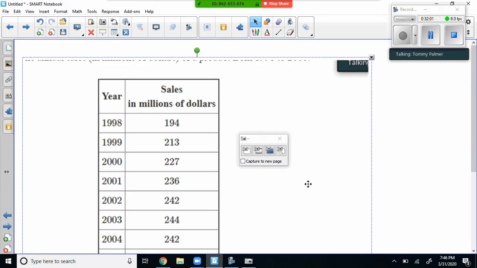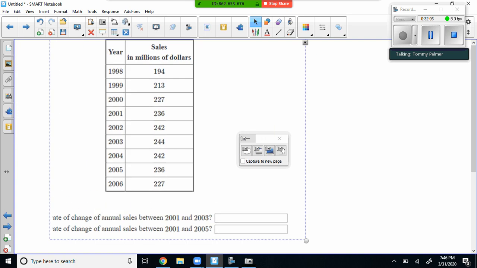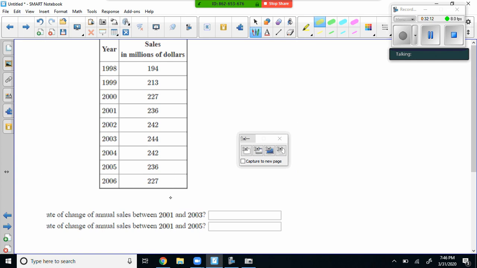Let me show you what I'm looking at, and then we'll be on the same page. Here it says find the average rate of change for 2001, 2003, right? There's an ordered pair and there's an ordered pair. And then the next problem says 2001, 2005. Well, I'd use that same ordered pair, and then here's the other pair that I would use to find my other rate of change, right?